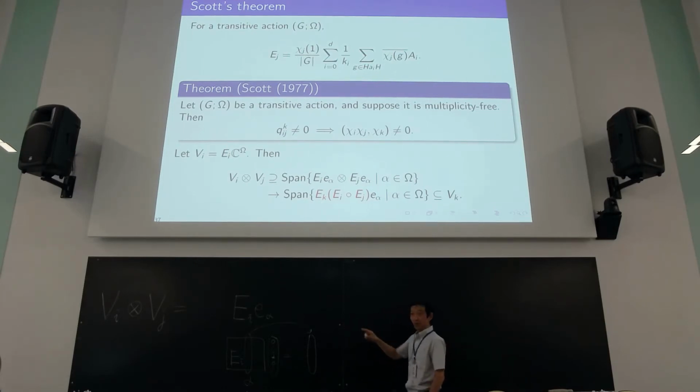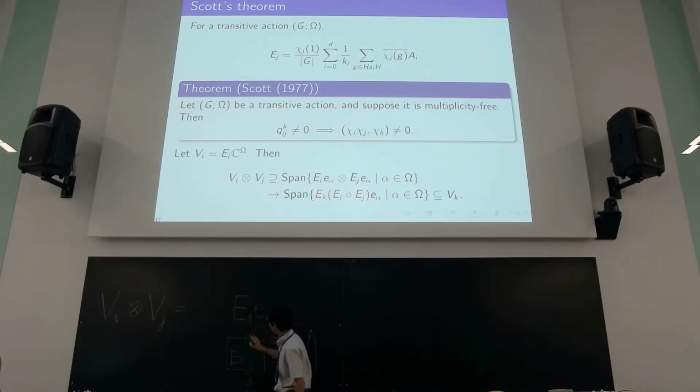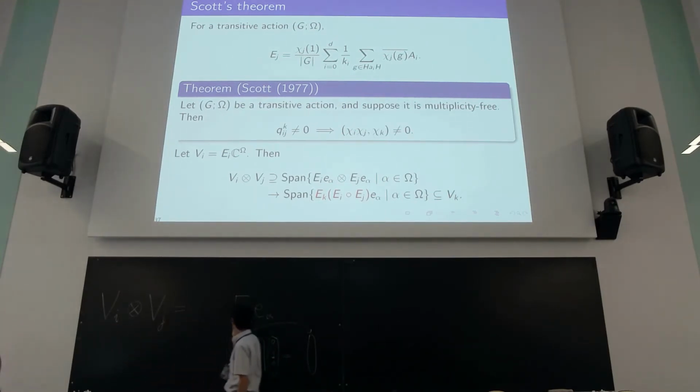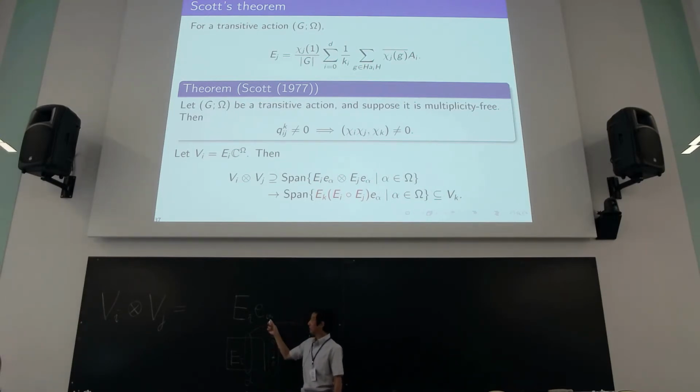So to get the full tensor product Vi tensor Vj, I need to take arbitrary pair of vectors, but instead of taking arbitrary pair of vectors, I take arbitrary columns of the matrix. So I take arbitrary column, alpha column, then I need to take also another arbitrary column of the second space, so I take Ej.